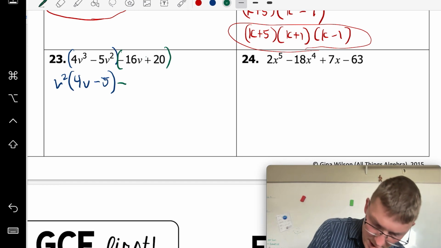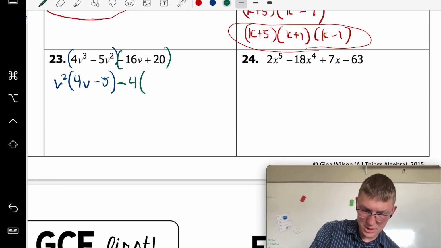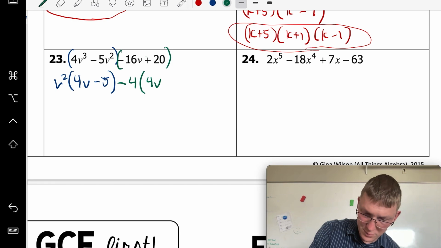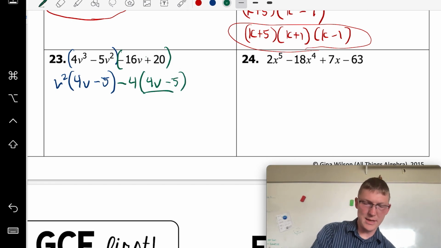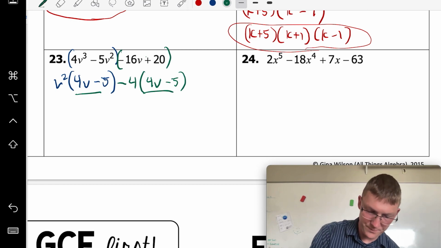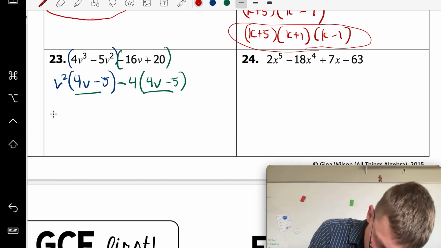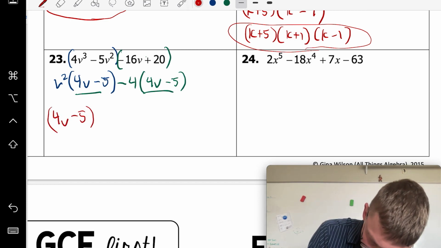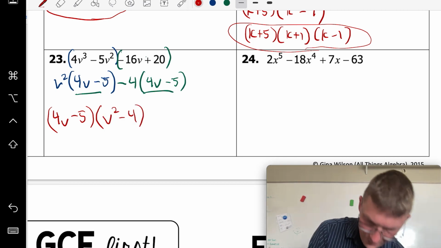Yeah, so we're going to pull out a -4. So then that 16 is going to turn to a positive 4v. Then that positive 20 is going to turn into a -5. And then you'll notice that these now match. So now we can factor out the 4v minus 5. And then what do we have left over? We have v squared minus 4.